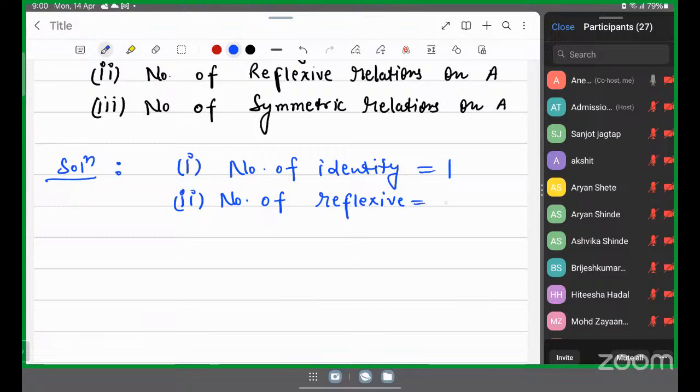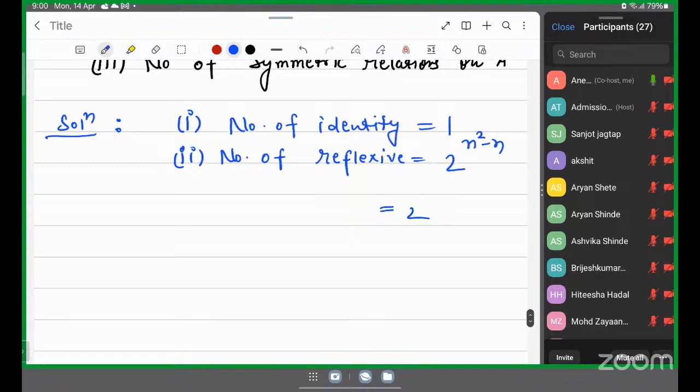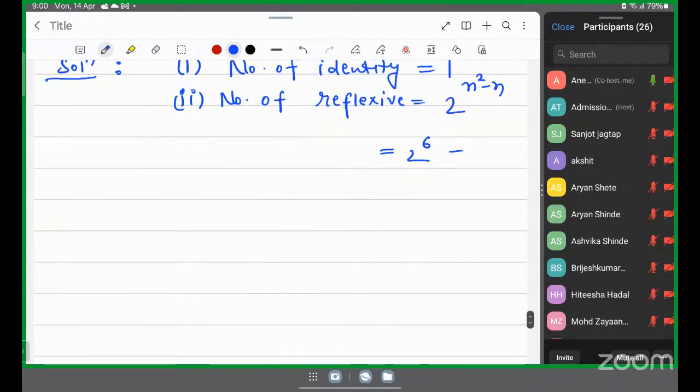So this is given by 2 raised to power n square minus n. So this will be 2 raised to power 3 square minus 3. 9 minus 3 is 6. 2 raised to power 6 is 64.